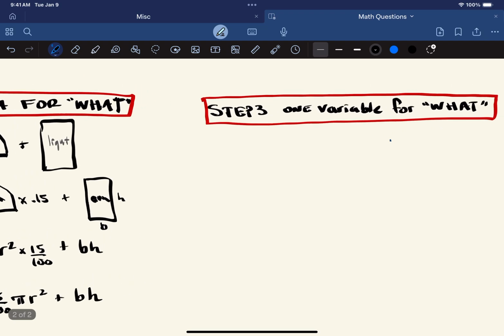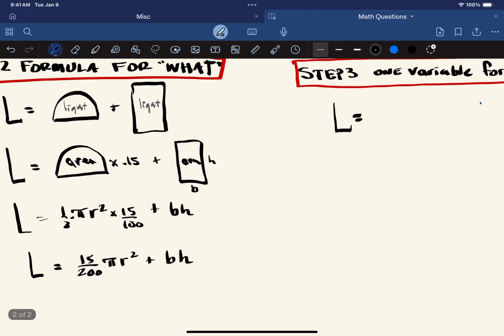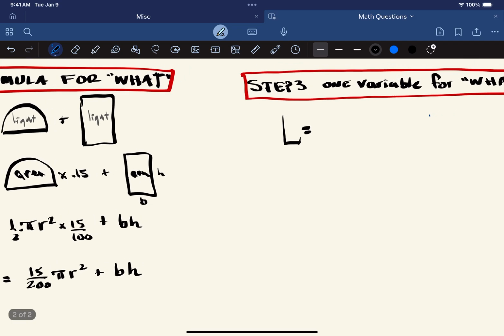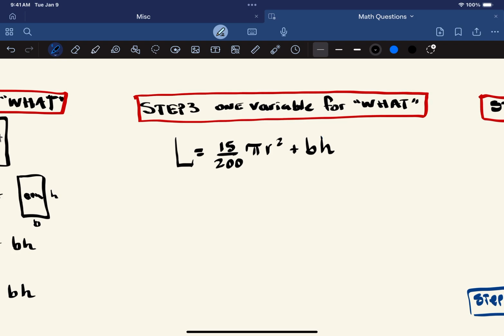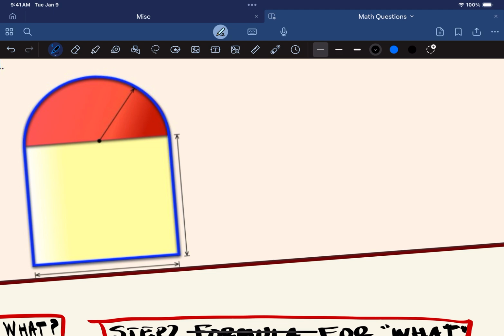So I copy that formula over here, L, and that is equal to 15 over 200 pi r squared plus b times h. That's beautiful, but I want to eliminate some of those variables. Looking at the picture here, if we call this r, this would be the base, this would be the height.